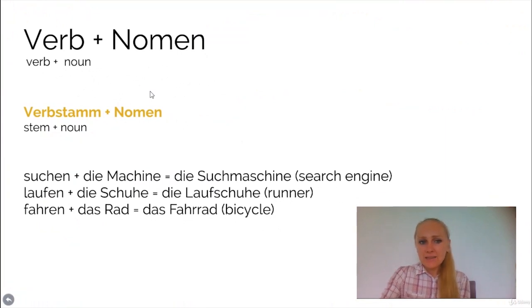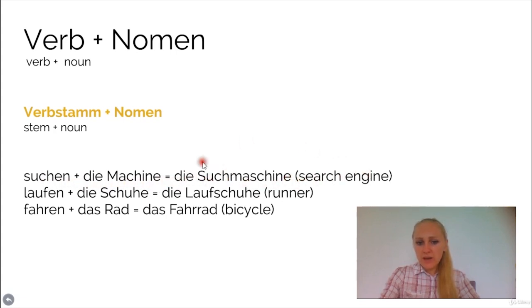So in this slide, it's about forming a verb together with a noun. Most of the time, we just take the stem of the verb, the Verbstamm, and add it to the noun. This is most of the time. There are exceptions also. But let's look at this verb here. Suchen means to search or to look for, and die Maschine, the machine, and it becomes die Suchmaschine, which means the search engine.